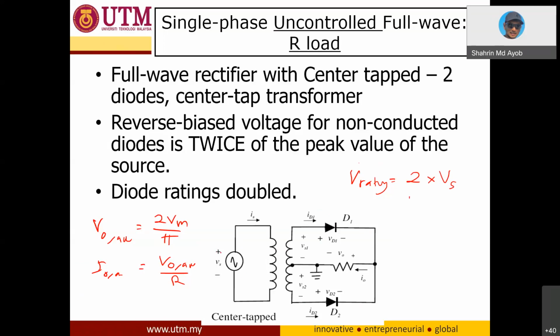When it is a positive cycle here, positive, negative, meaning that D1 is turned on and D2 is turned off. So right now, what is the V rating for D2? Because V rating always refers to the diode's voltage blocking.